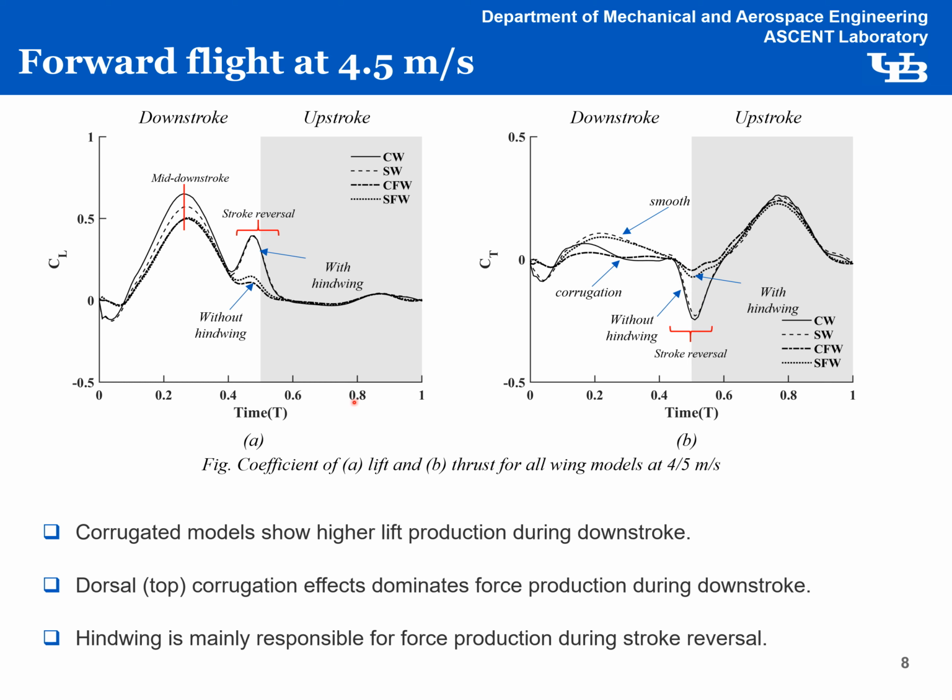That means our results are suggesting that the hindwing is very important for the lift production during stroke reversal at the cost of higher drag. And because the main function of a worker bee is to carry nectar and pollen, that higher cost of drag is necessary. But in case of the forewing models or the whole wing models, the corrugation plays a very important part in increasing the load lifting capacity of bumblebees.